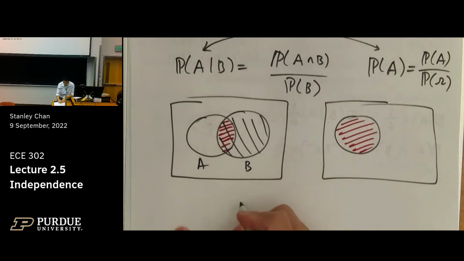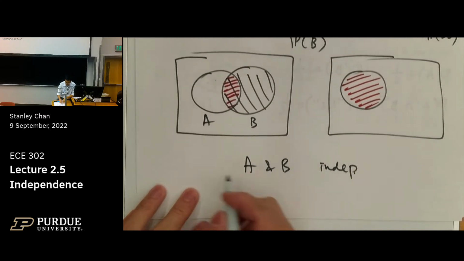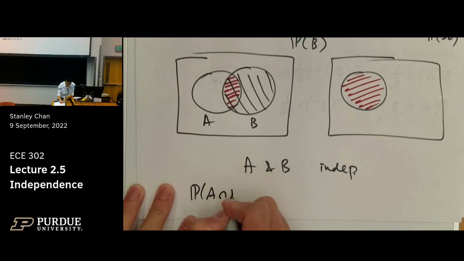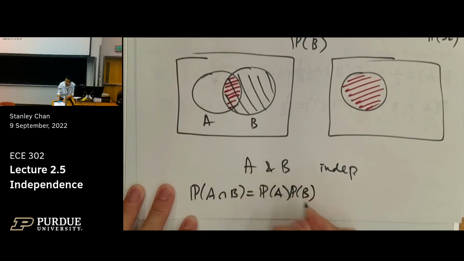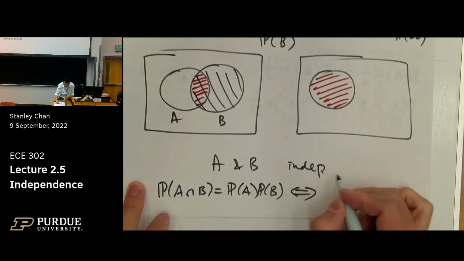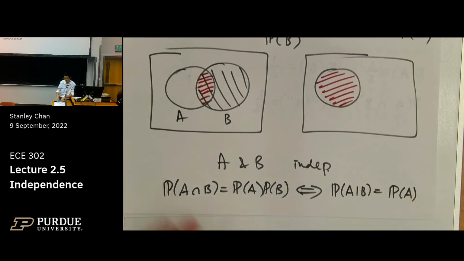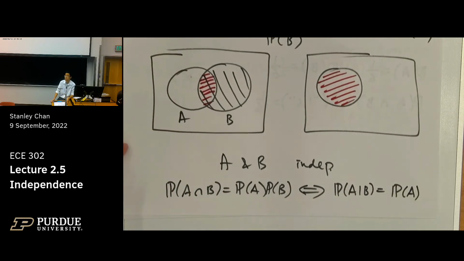Right. So I'm saying A and B are independent because for A and B to be independent, I need probability of A intersect B equals the probability of A times the probability of B. This is the same as saying that probability of A given B equals the probability of A. These two are equivalent, assuming that both sets are non-empty.